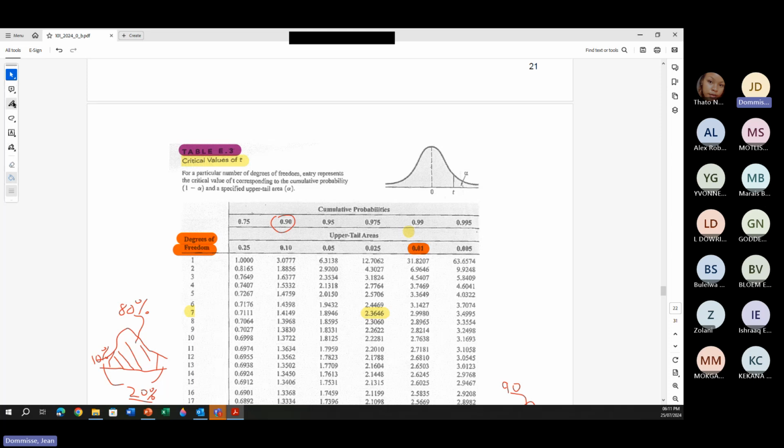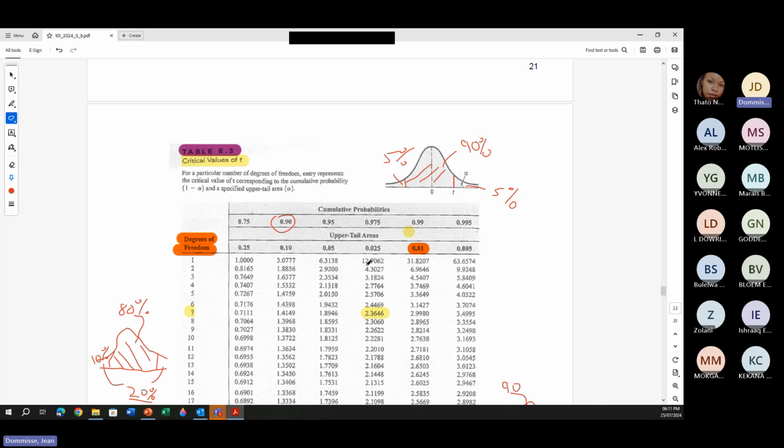That again means that area is 90%. So that is 5%, and that is 5%.